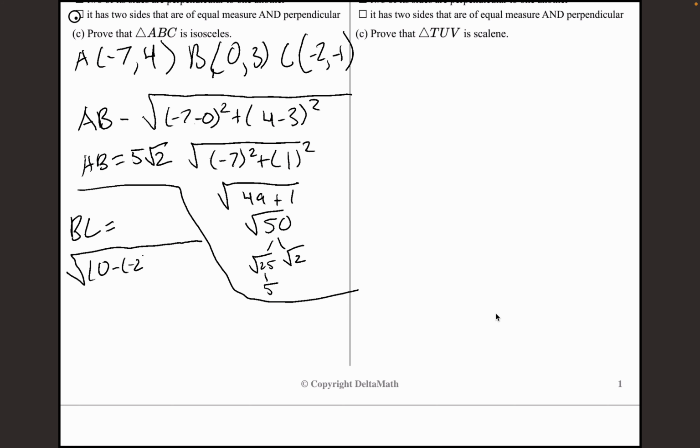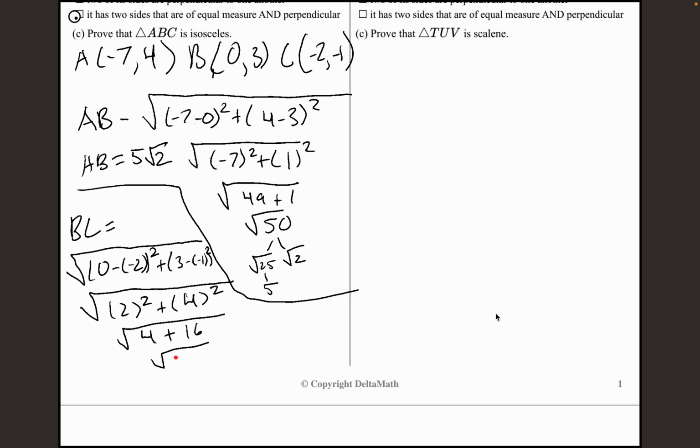Minus negative 2 squared plus minus negative 1 squared. What's 0 minus negative 2? What happens when we have minus a negative number? It becomes positive, so we have 2 squared plus, then 3 minus negative 1, what would that be? 4 squared. 2 squared is what? 4 squared is what?